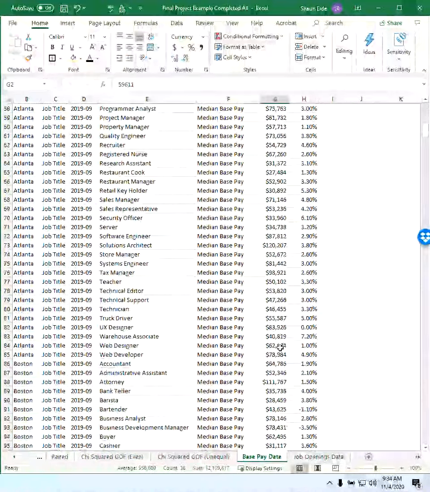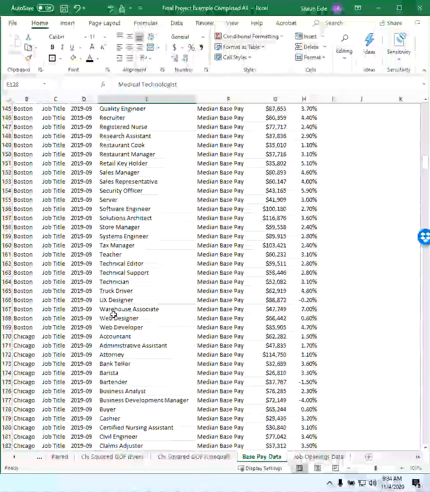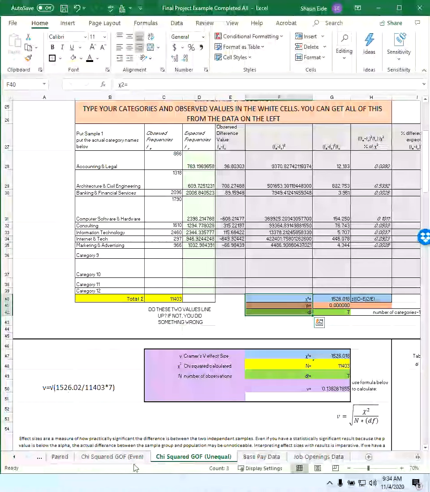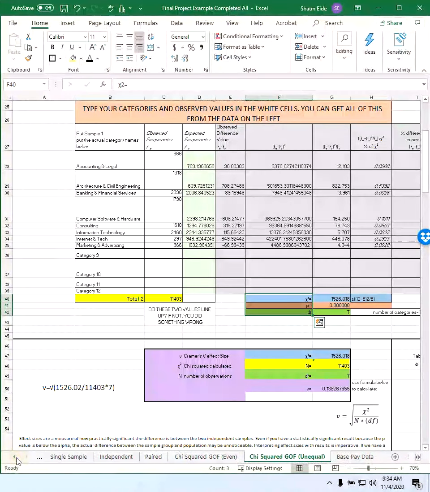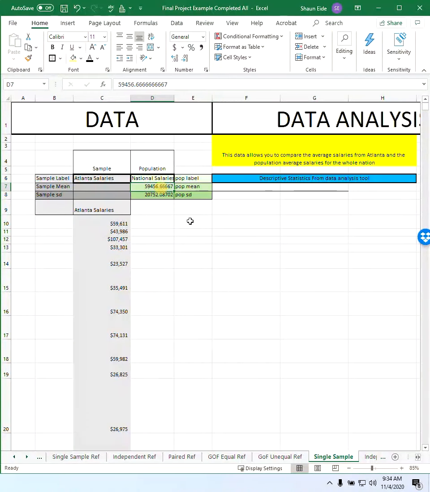So we have all the average salaries for all these different jobs in Boston, in Chicago, in Atlanta, Houston, and so forth. So I'm taking just Atlanta. Just Atlanta. And I'm comparing it to the nation. So we've got the nation right there, and we've got Atlanta right here.